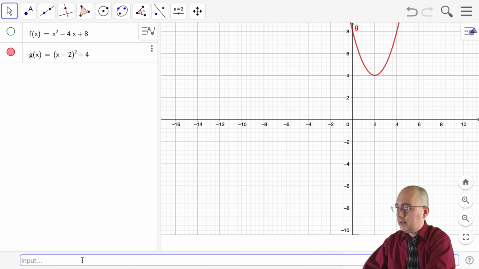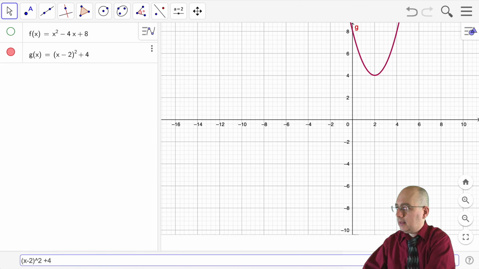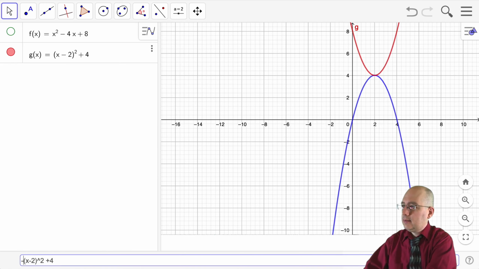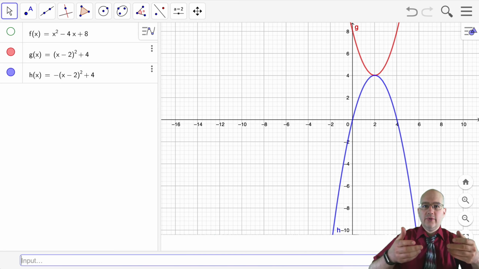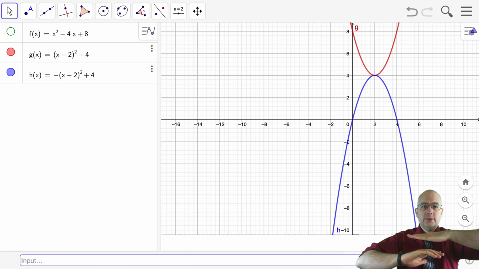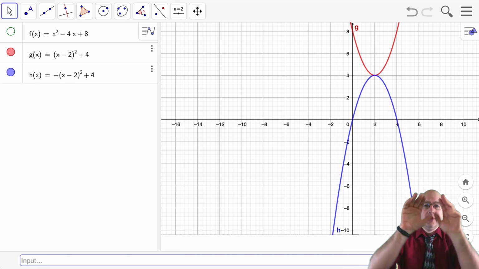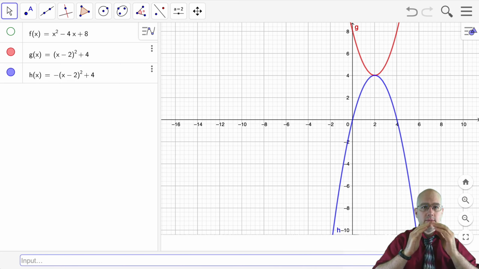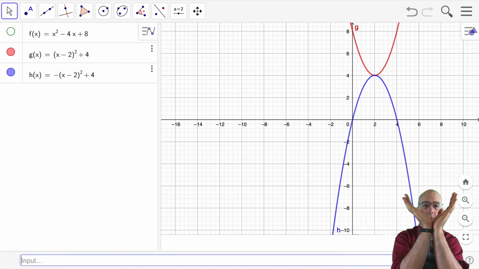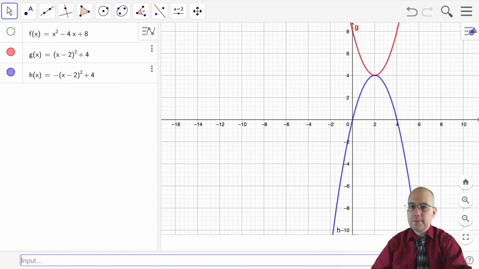So here's the trick. Take that vertex form and negate that squared term. So that's flipping the parabola around the horizontal line going through the vertex. So that's reflecting it. What was going up is now going down. Same vertex. Go up like this, and go down like this, and same shape.